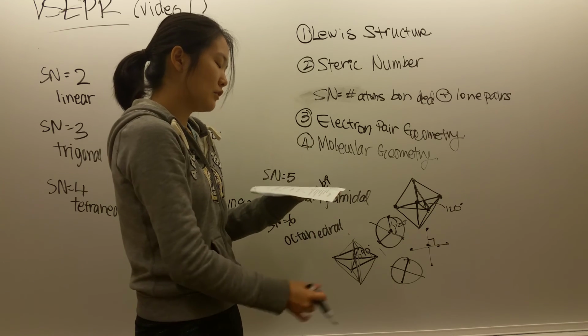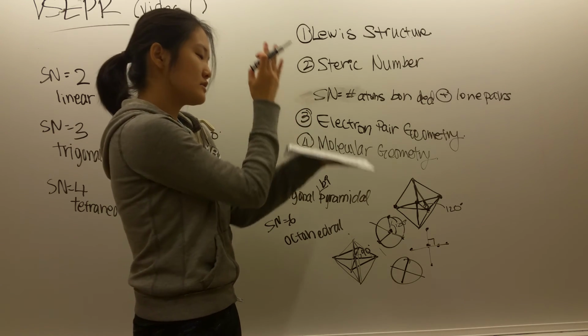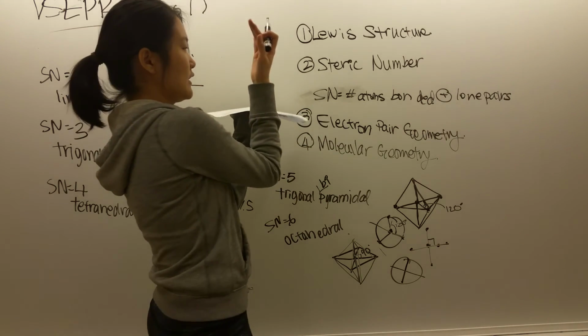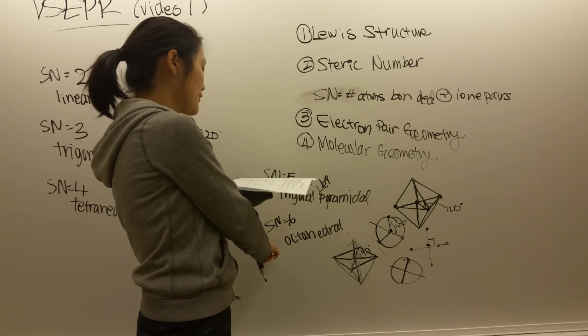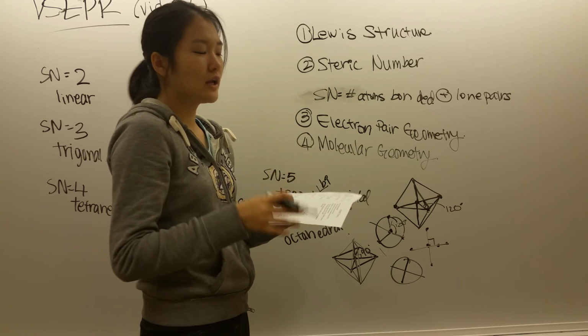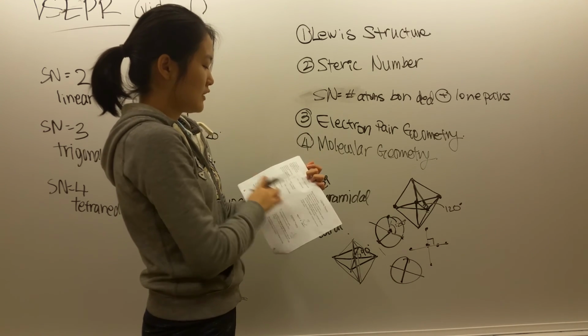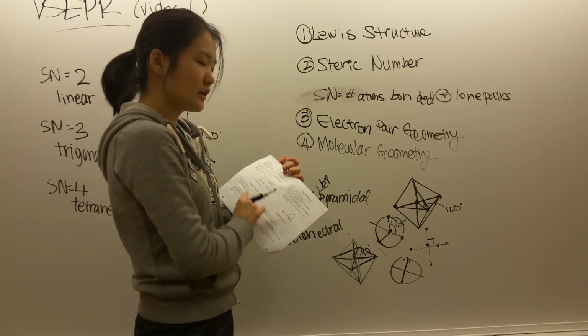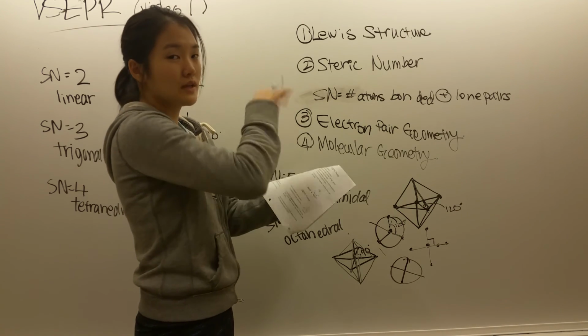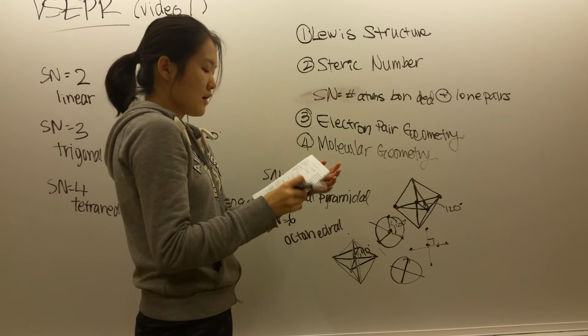One up, one down. So when you have a plane and something sticking right up and down to it, that's going to be a 90-degree angle here. For the octahedral, everything is 90-degree angles, because when you have electron densities like that, then you have 90 degrees here, here, here, and here. Up, down, that's also 90 degrees.